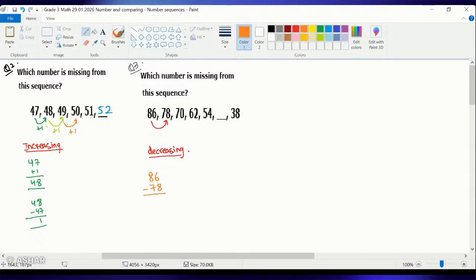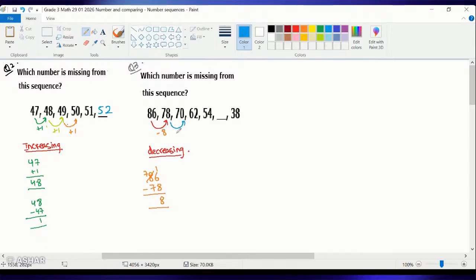The numbers are becoming smaller. That means it's a decreasing sequence. And the difference of these two would be, we cannot subtract 8 from 6, but we can carry 1. 16 minus 8 is 8. That means each number should be decreasing by 8.